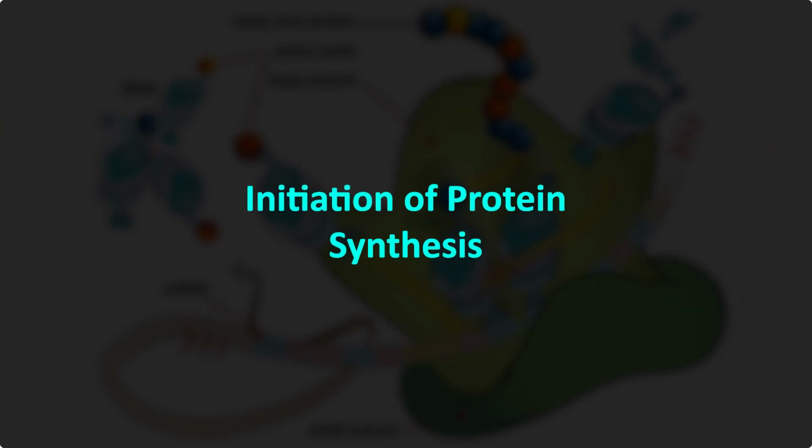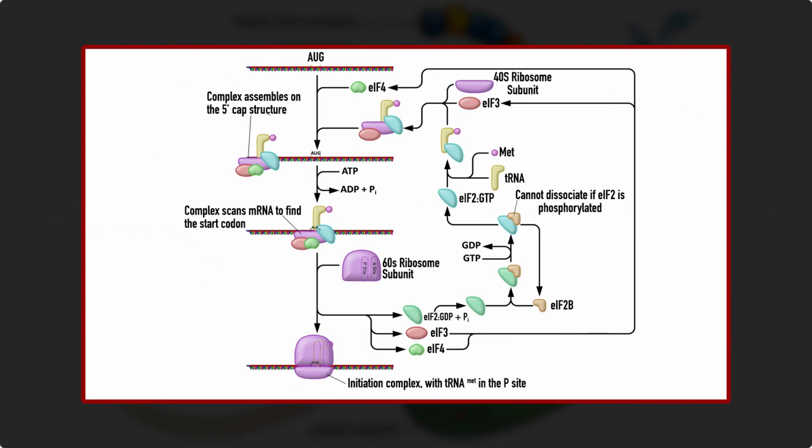Let us discuss the initiation of protein synthesis in eukaryotes. The first step is the formation of a pre-initiation complex consisting of the 40S small ribosomal subunit, methionyl tRNA, eukaryotic initiation factor 2 and GTP.